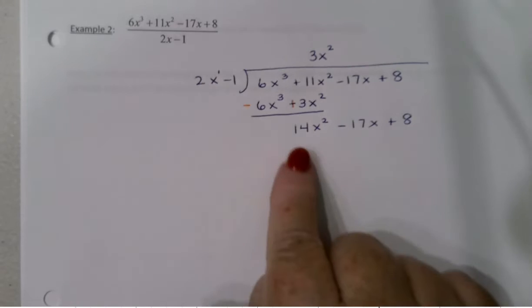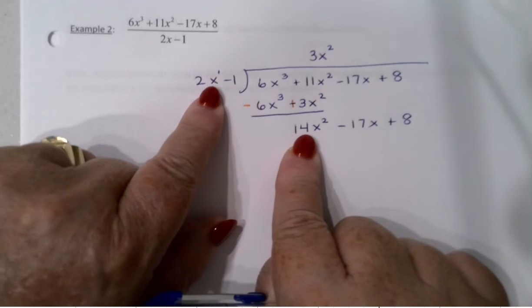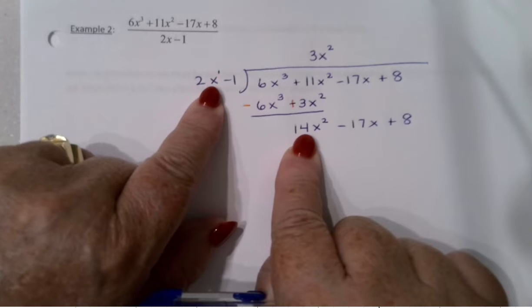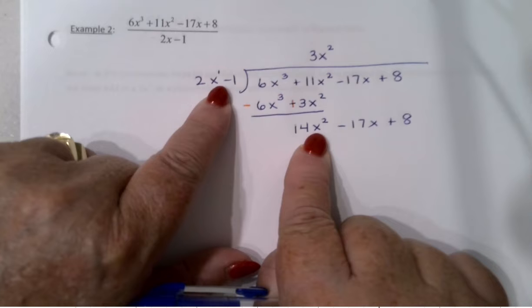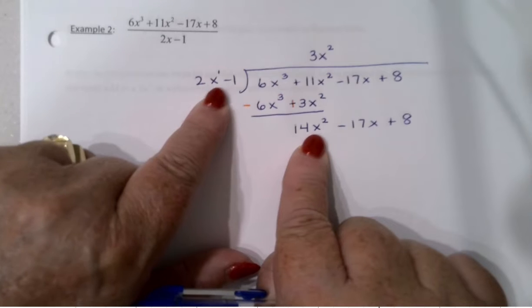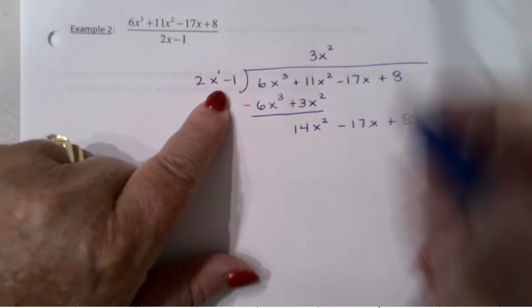Let's divide again. 14 divided by 2 is going to be 7. And when I subtract the exponents, x to the first. So plus 7x.